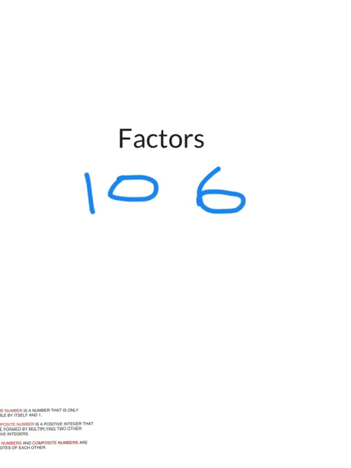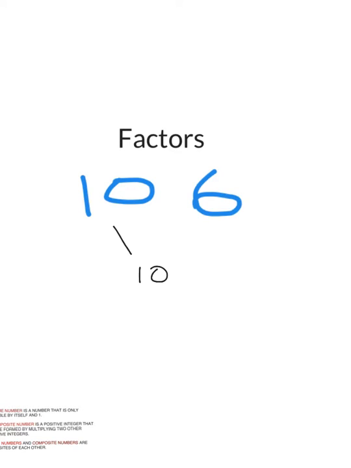Now, factors, whether or not you've already looked into factors, are numbers that divide into another number exactly without leaving a remainder. For example, the factors of 10 are 10 and 1, because 10 times 1 is 10, but also the factors of 10 are 5 and 2, because 5 times 2 equals 10.